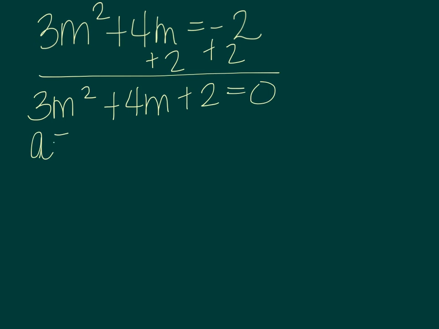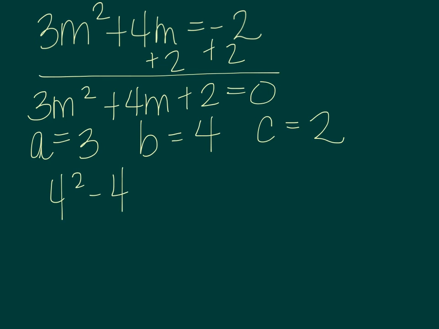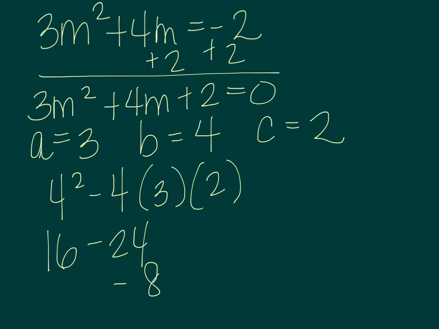I'm going to say a equals 3, b equals 4, c equals 2. So I get 4 squared minus 4 times 3 times 2, which gives me 16 minus 24, which is negative 8. Since this is a negative answer, we are going to have 0 solutions or no solution.